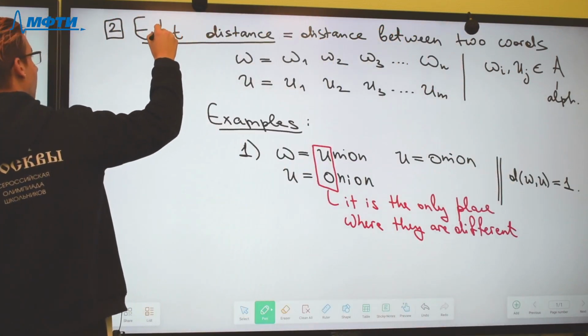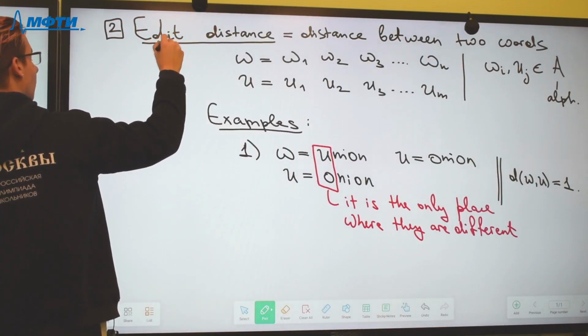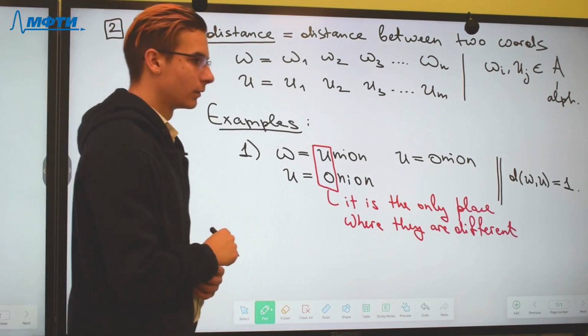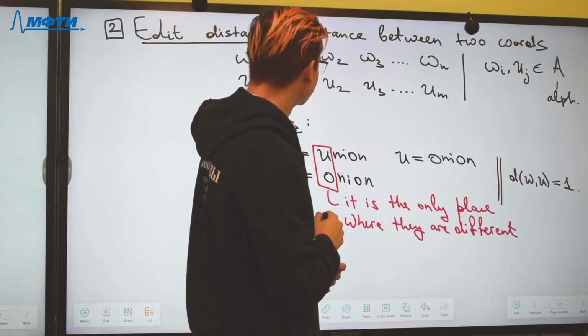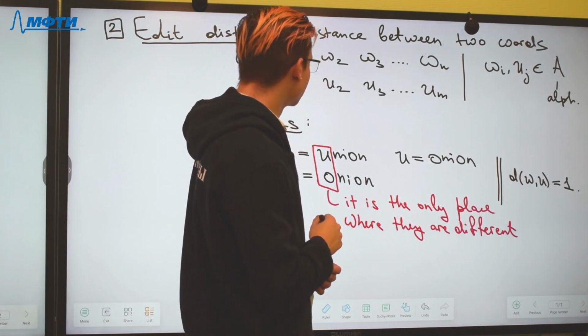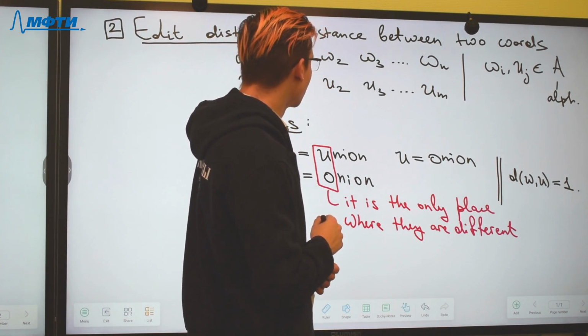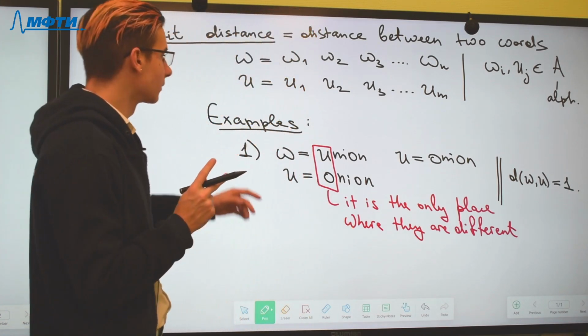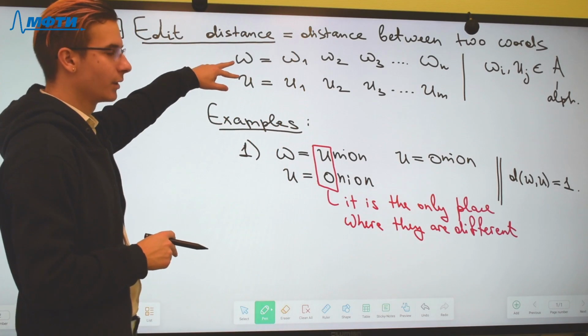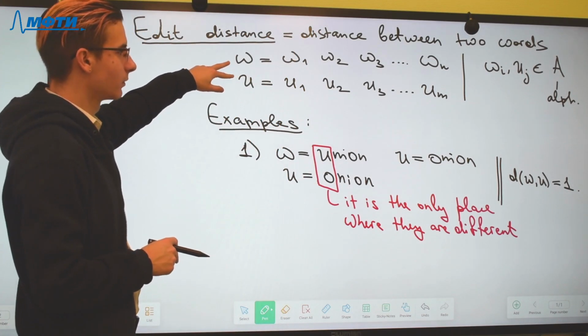And it's only for strings, comparing two strings, or is it related somehow to graphs or something? No, it's only for two words. We find the distance between two words.